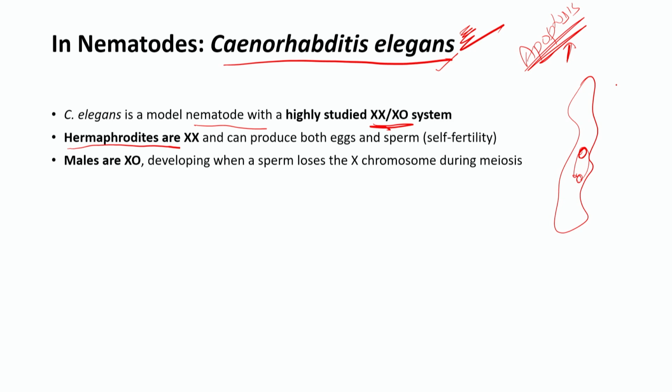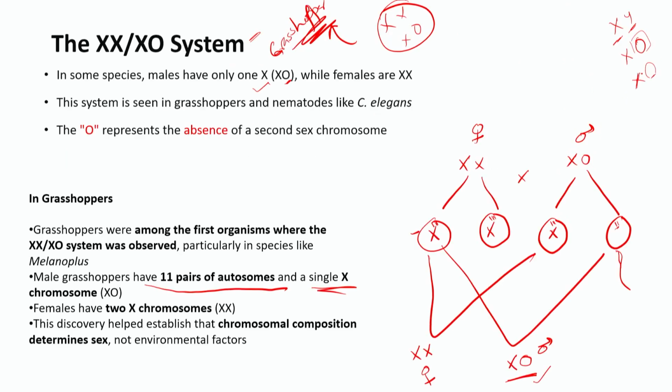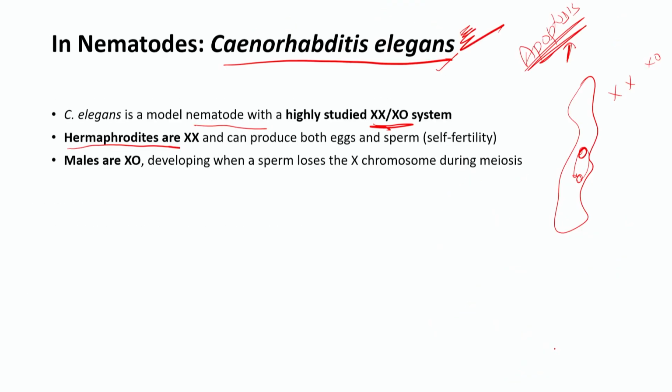But because they are also making XX and XO, as I had drawn in the previous slide, you would also have males, right? So in some cases, the female mates with a male, and that brings in genetic variability, and the male actually deposits sperm in the female body. So C. elegans is also an organism where the XX and XO system can be seen.